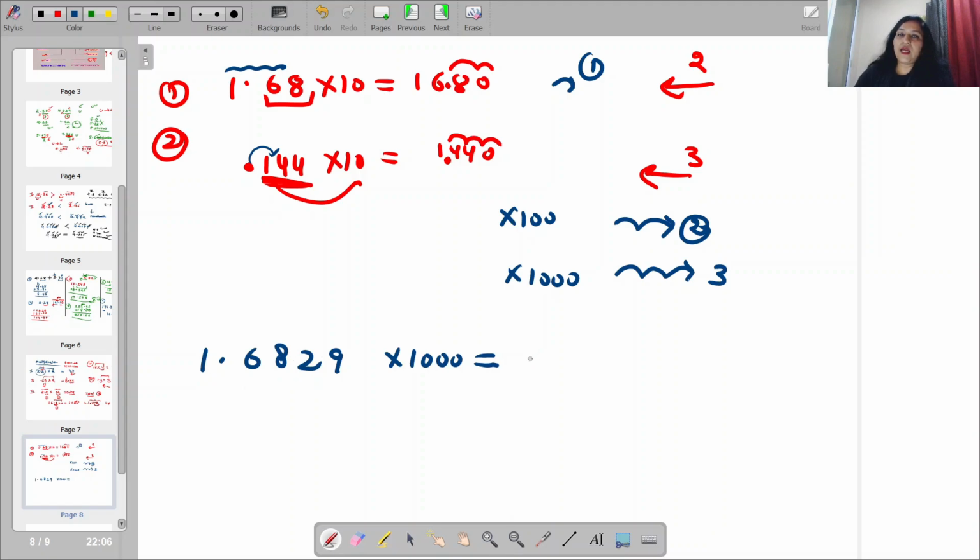So write the number as it is, 16829000. How many digits to the right? 1, 2, 3, 4. 4 digits to the right. हमें 4 position पीछे जाना है ना. आंसर में भी 4 digits होने चाहिए to the right of decimal. So this is 1, 2, 3 and 4. Decimal यहाँ पर आना चाहिए.